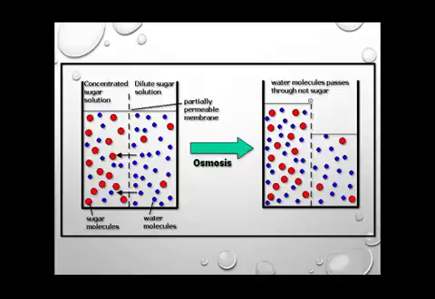The semi-permeable membrane has pores of a specific size, so only the water molecules pass through these holes. The size of the sugar particle is larger than these pores, so the sugar particles cannot move through this semi-permeable membrane.